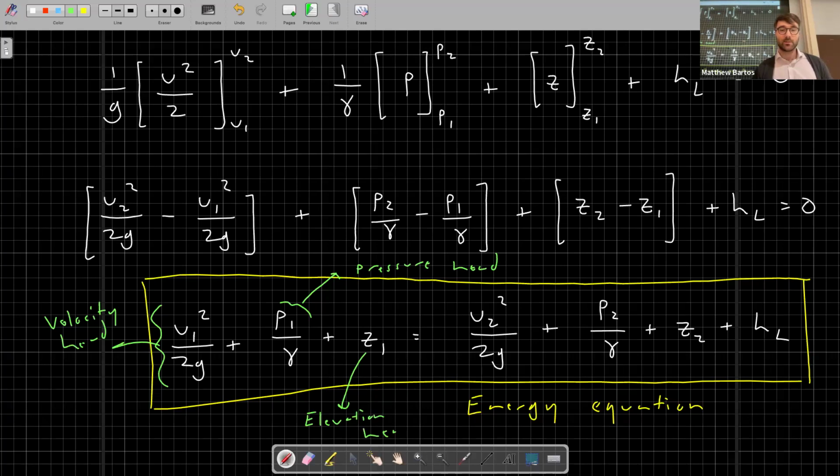That's associated with the gravitational force. This HL term is the head loss due to friction. That is associated with the frictional force. All right, any questions on how we arrived at the energy equation?